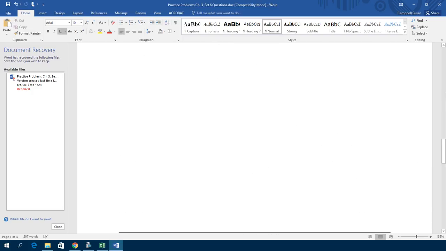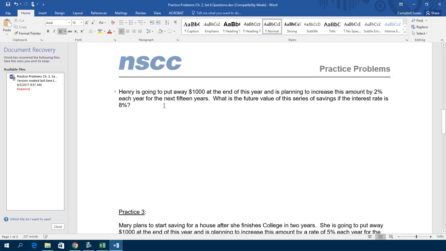Next problem. Henry's going to put away this amount. Same problem, increasing at 2%. What is the future value? Again, the same as the last set of problems.